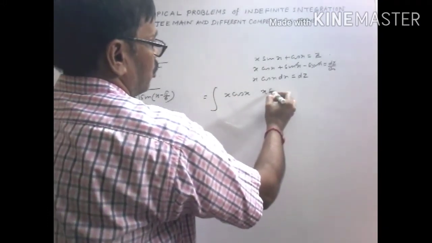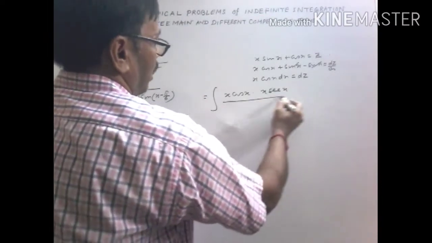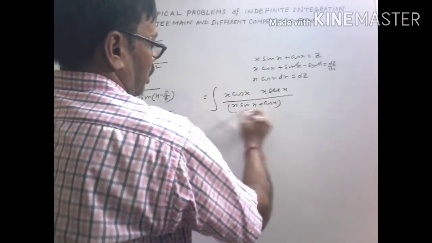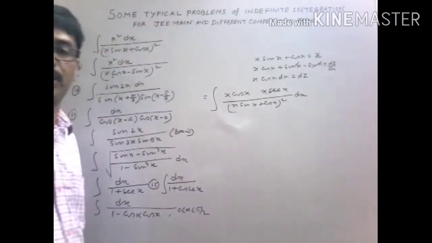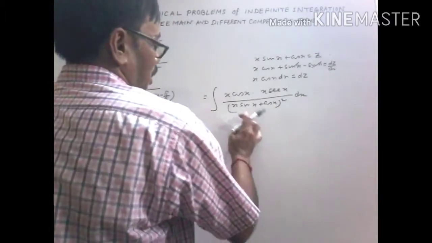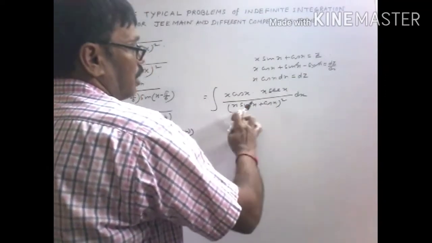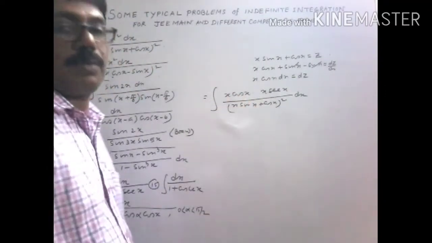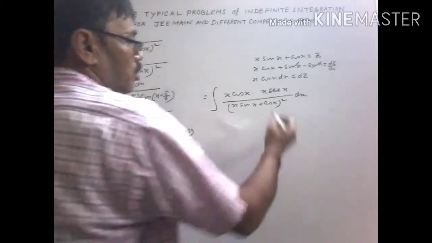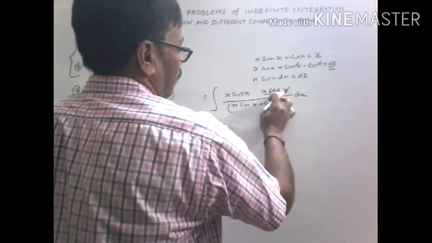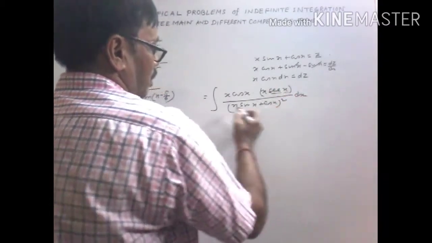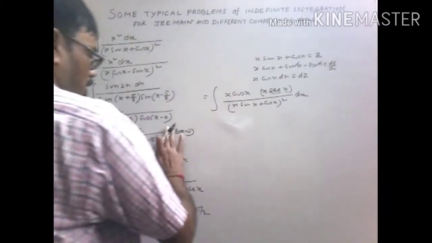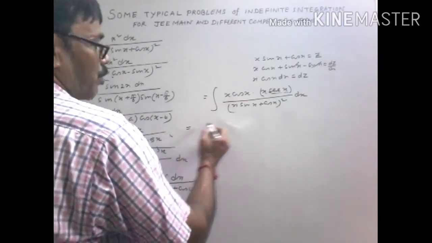Look, x cos x into x sec x by x sin x plus cos x whole square. This step is to be noted. Now look, if you put this equal to z, then this is dz by z square. Integration is minus 1 by z. We can integrate it. So we consider this as first function and this as second function. So we use the by parts rule.